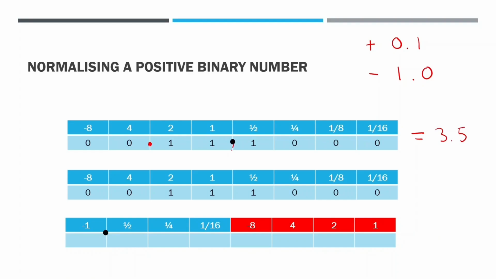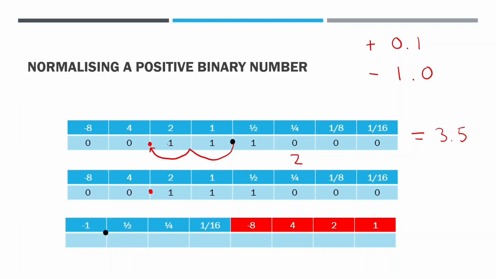So we've had to move it 1, 2 across, like that. So it ends up here, right? Now we've moved it 2 to the left, so to fix it, we'd have to move it 2 back to the right. So our exponent is going to have to be 2.